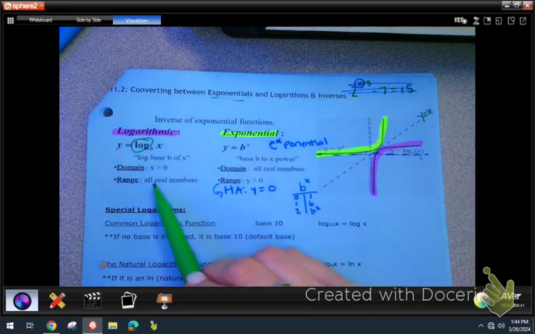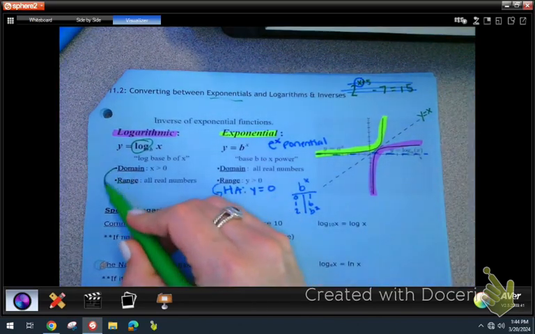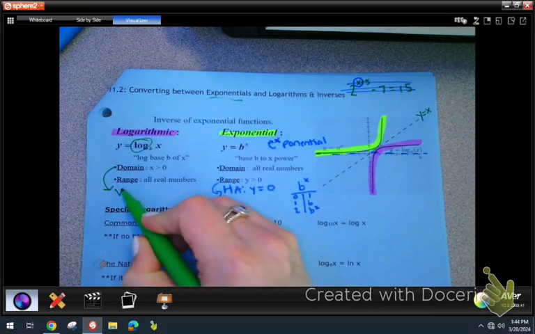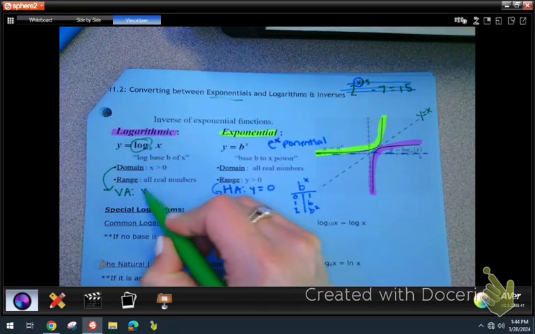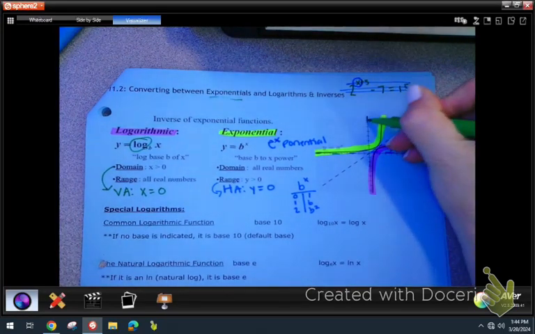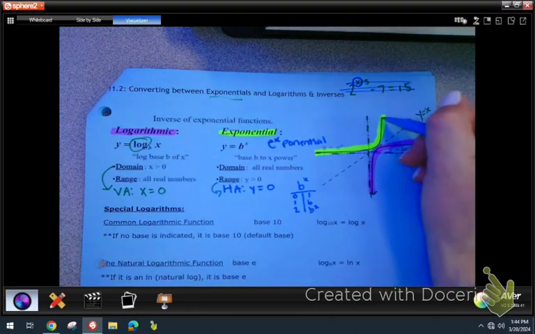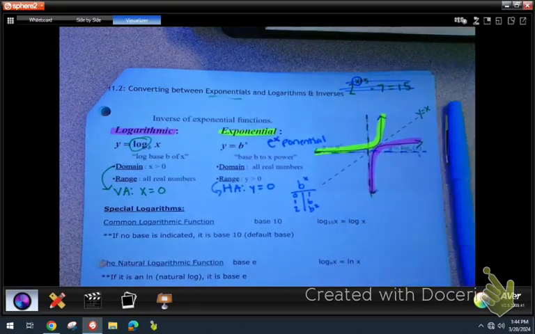The domain is what's restricted in logs because what kind of asymptote do you have? You have a vertical asymptote. And so that's written as x equals. And again, if you know it's x equals, that has to restrict your domain. And again, with the parent function, it's at 0. And then there's arrows on these graphs as well. And then your log points, I would know these.